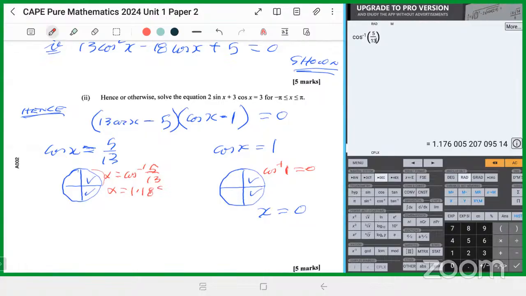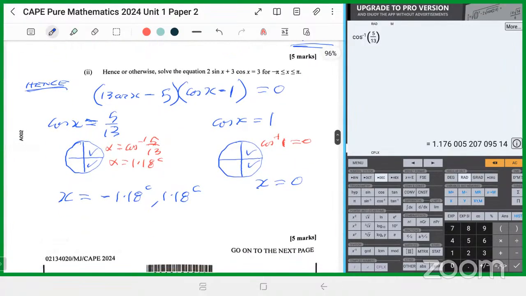Also remember, a positive angle and a negative angle will both work for cos, because the negative means that we'll just come in this way and we end up in this quadrant, the same angle. So the x down here is going to be the positive and negative of this. Negative 1.18 radians, or positive 1.18 radians.